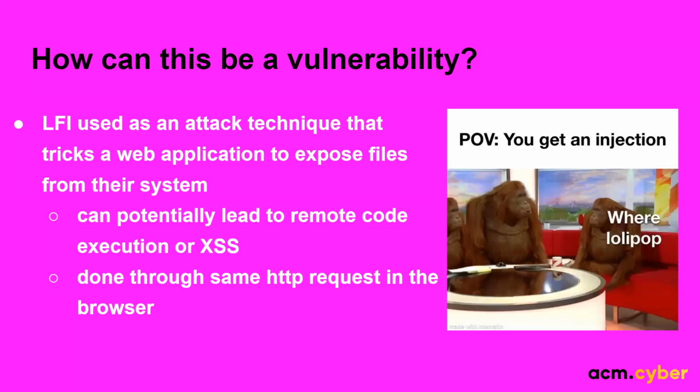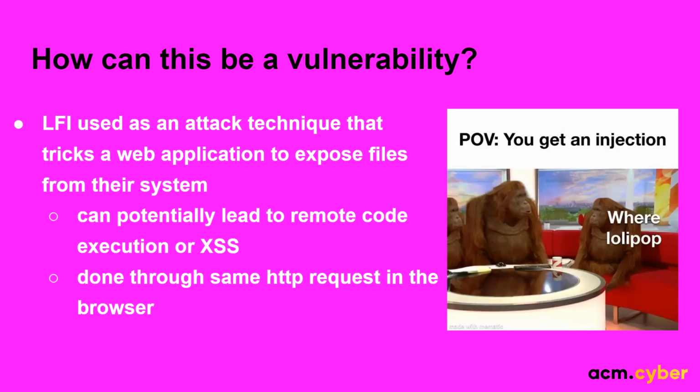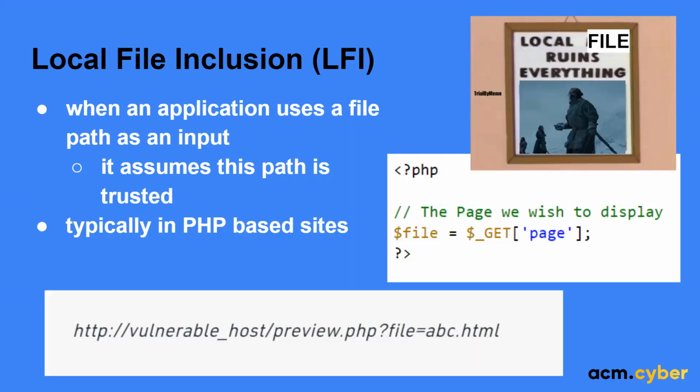But how can this be a vulnerability? LFI used as an attack technique tricks a web application into exposing files from its own system. As we can see before, where it goes file=abc, we can replace it. This can potentially lead to remote code execution if you change it to ../ and potentially traverse the file directory. If you're actually able to upload code to the web server, you'll be able to execute your remote code if you know its location.